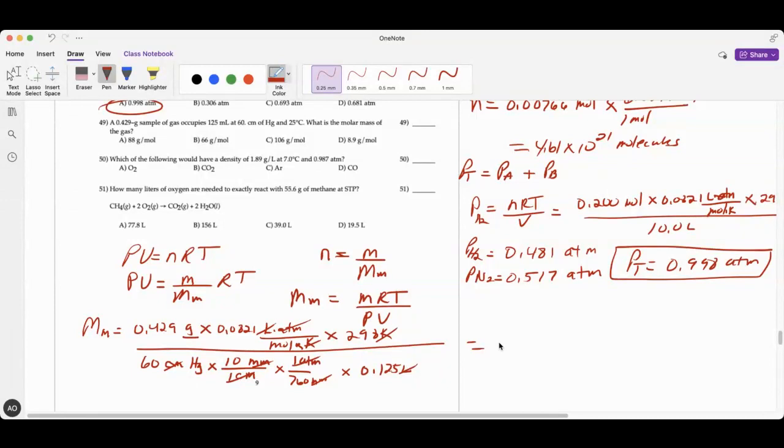And I get 106 grams per mole. And there it is.